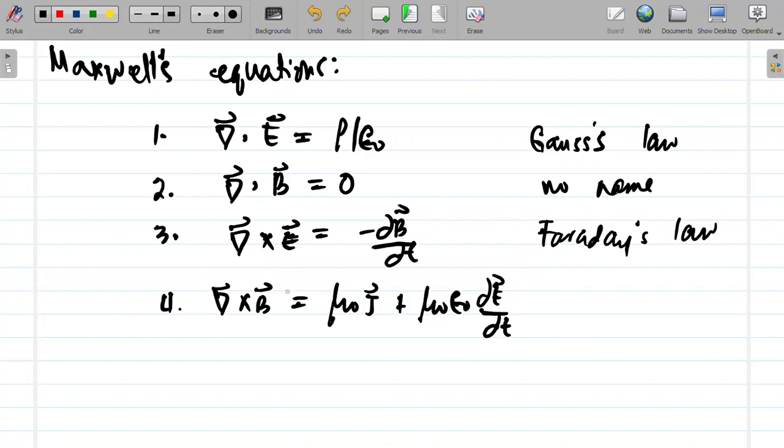So, para lang siyang nag-intertwine yung dalawa. Changing magnetic fields induces electric fields. Changing electric fields induces magnetic fields. Ampere's law with Maxwell's correction.